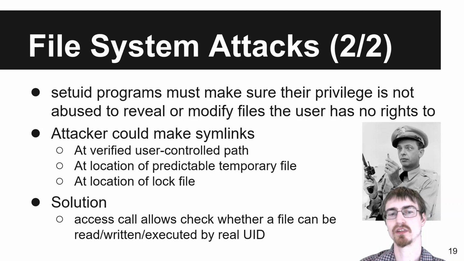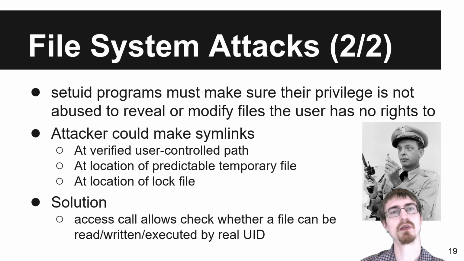Now, what is the solution? So there's a very nice call called access. And this system call allows you to verify whether a file can be accessed by the real user ID. So instead of checking the effective user ID, you check the real user ID. And this means that you know whether the file is allowed to be accessed by the user rather than just by the deputy.